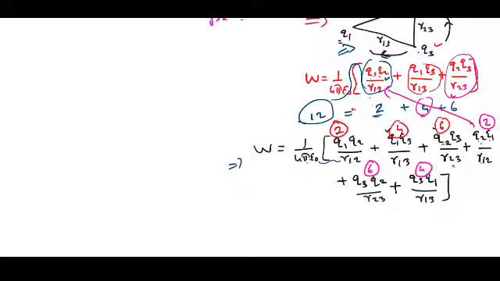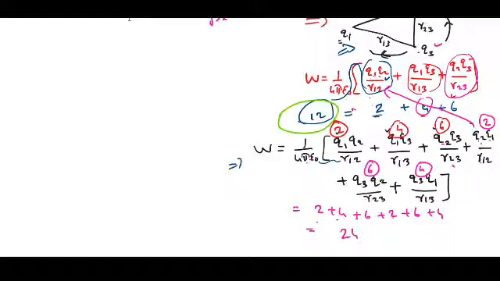If you calculate all these values, you will get 2 plus 4 plus 6 plus 2 plus 6 plus 4. 6, 12, 14, 20, 24. But what is the actual answer? The actual answer is 12.